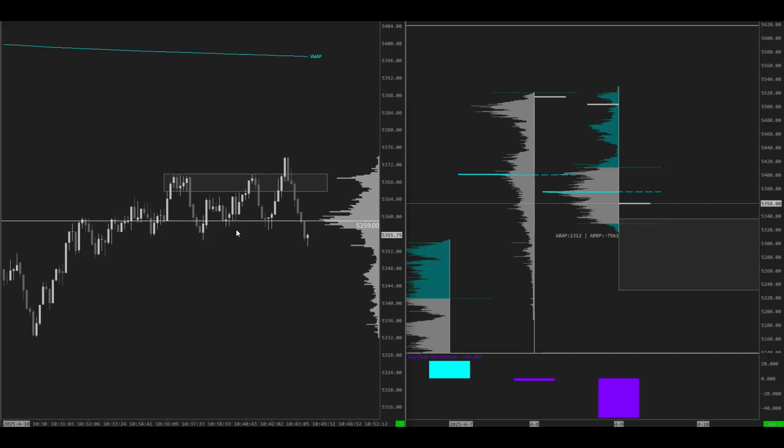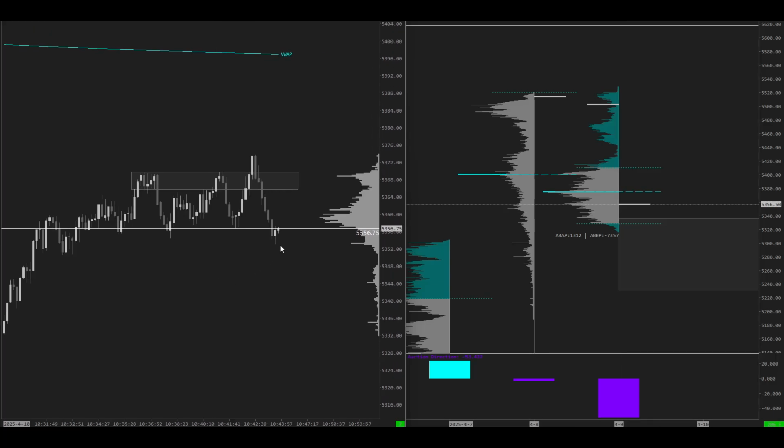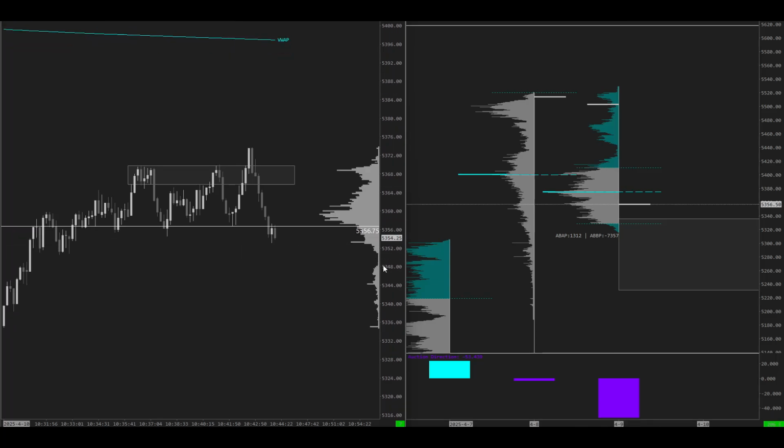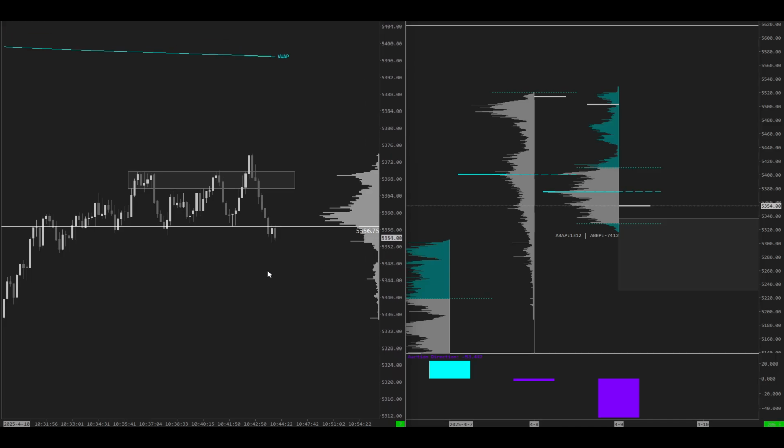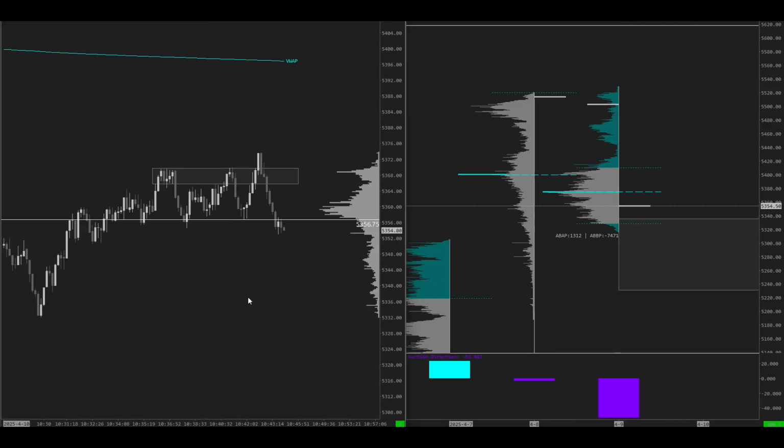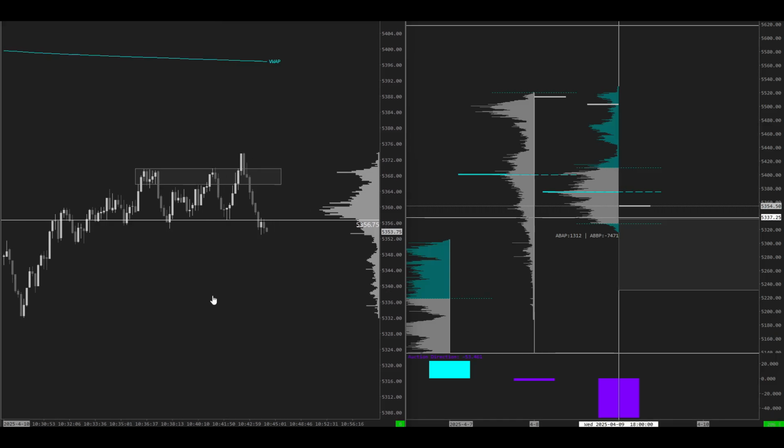Okay, we're starting to take out those lows. See if it can hold below here. All right, I think we're gonna put in new lows.